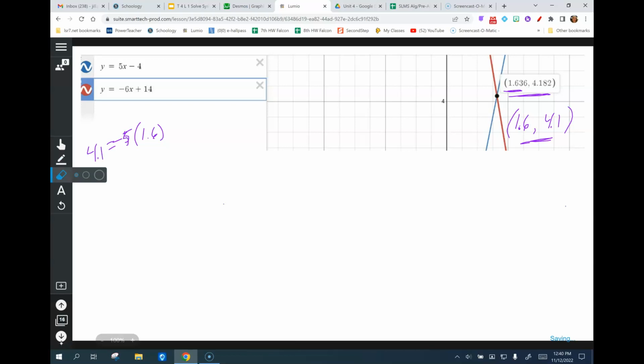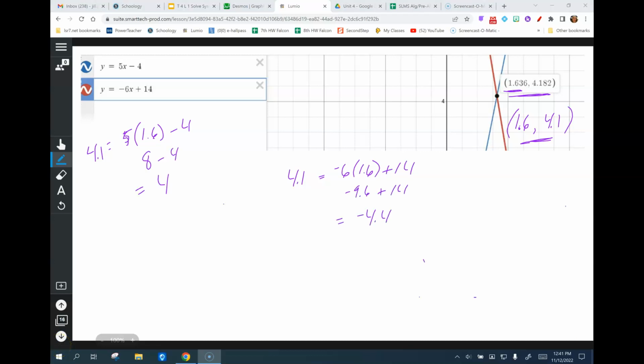That is not a negative. That is just 5. Okay? And then minus 4. And then we're also going to do the other equation. Well, let's just see, and then let's get the other equation. 4.1 is equal to negative 6 times the x value plus 14. Pause that, find out those values go.